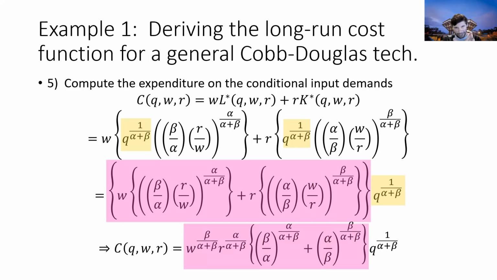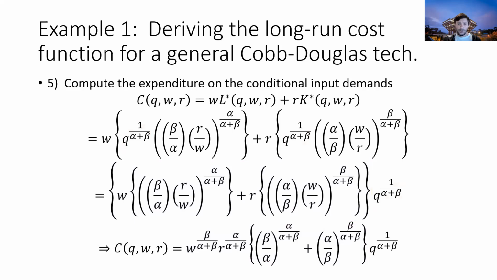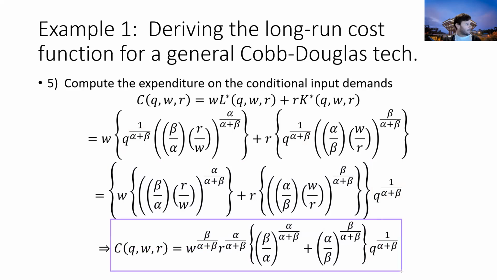And that'll let us write it a little simpler. And then we can really look at, well, what's the relationship between C and Q? And that's really what we're going to focus on in a moment. So we have now the total cost function expressed as a function of Q, and that is consistent with the firm that is minimizing its long run costs, for both capital and labor are both variable.